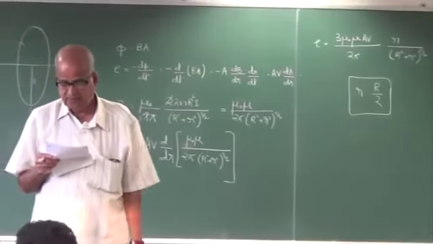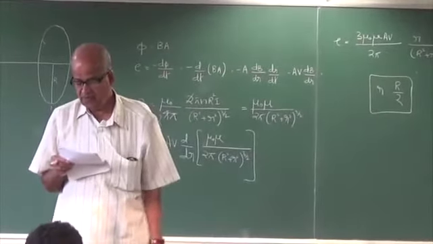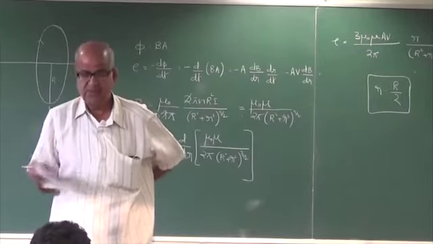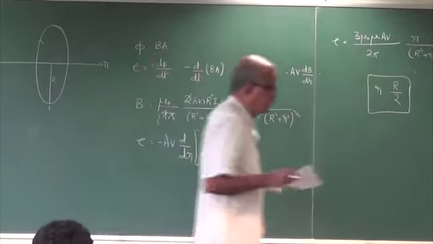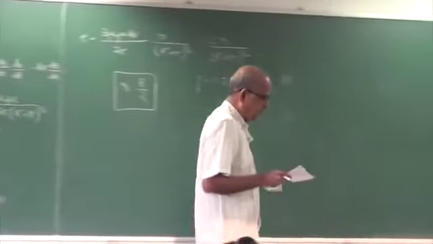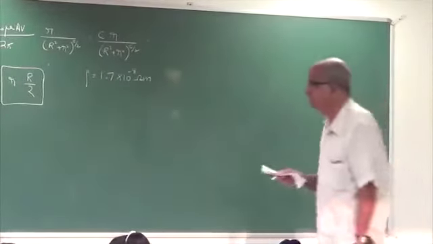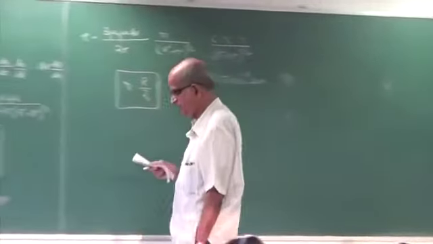A square frame made of copper wire, rho equal to 1.7 into 10 to the power of minus 8 ohm meter, is placed in a magnetic field of induction 0.1 Tesla.